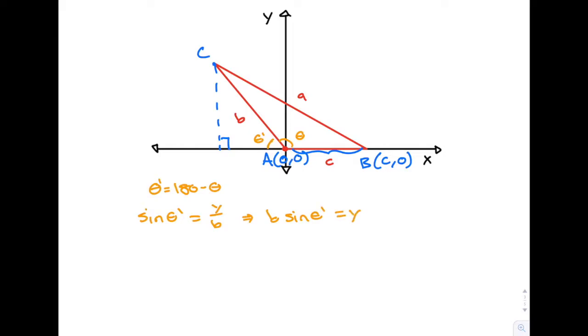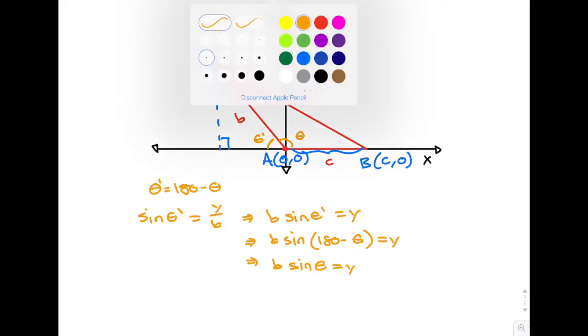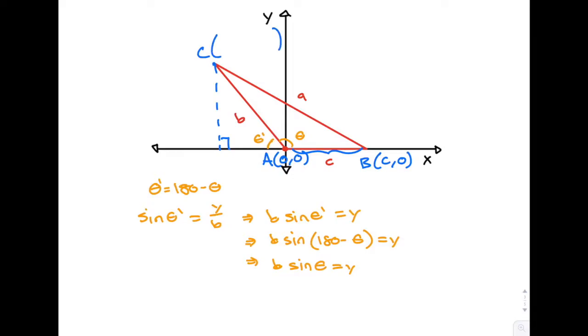Now, if you recall, sine of 180 minus theta is just sine of theta because they take on the same vertical value in the first and second quadrant. So we can just say that this is equivalently b sine theta equals y. All right, so that's a good place to start. So now we've got some of the coordinates here. So this will be b sine theta.